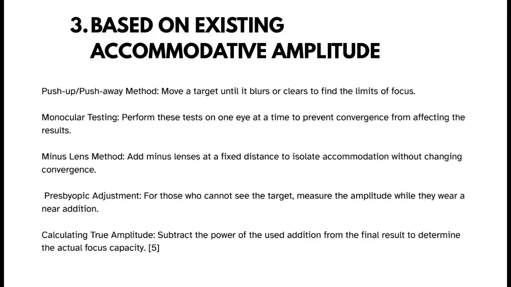Now we know that presbyopia starts at age 40 and worsens by the age of 65. At age 40, new lens material is created and older lens material is pushed towards the center. The peak of this happens after the age of 40, and amplitude of accommodation drops from 15 to 20 diopters to 3 to 4 diopters.